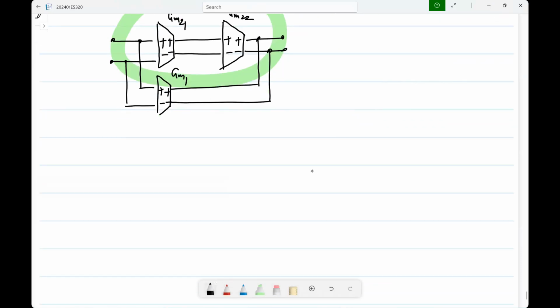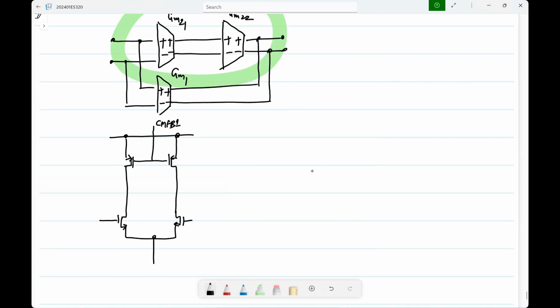So let's do that. Again, I'll start with NMOS pair. And now we are sufficiently familiar with common mode feedback circuits, so I won't draw that explicitly. I will just show this as CMFB1. That means that whatever your favorite common mode feedback circuit is, you use that to bias this stage. And it may not even be from this. You can do the feedback from any place that you like.